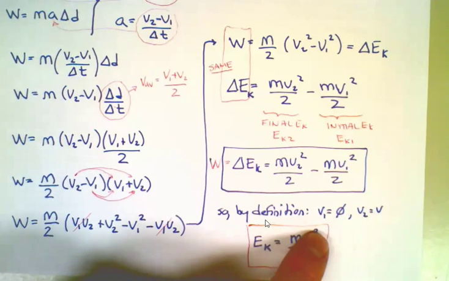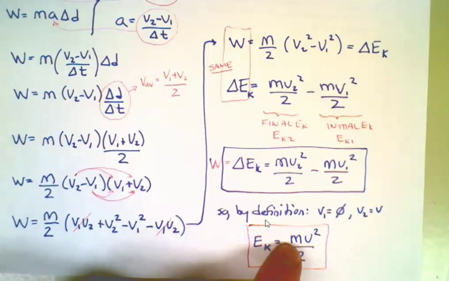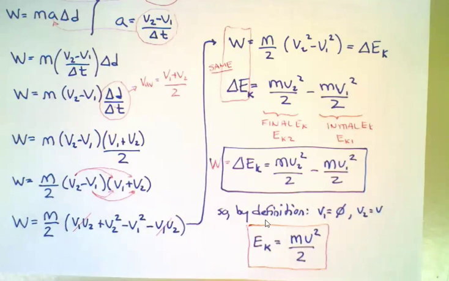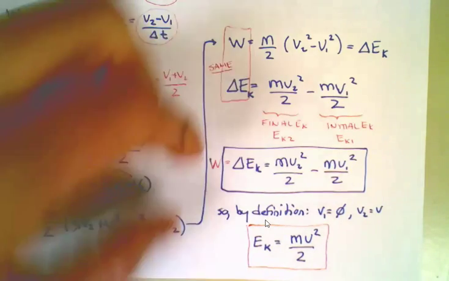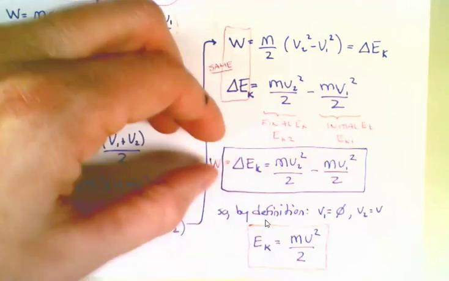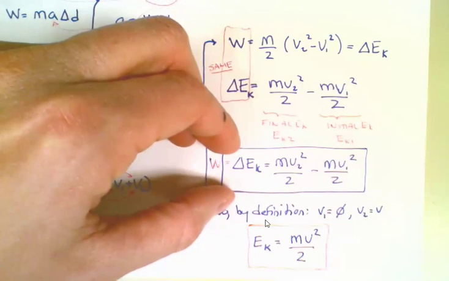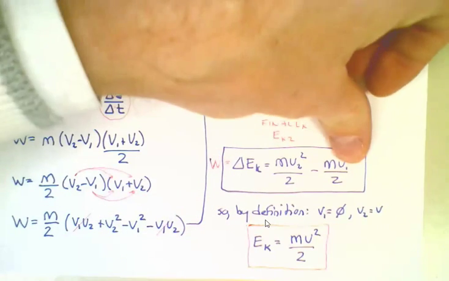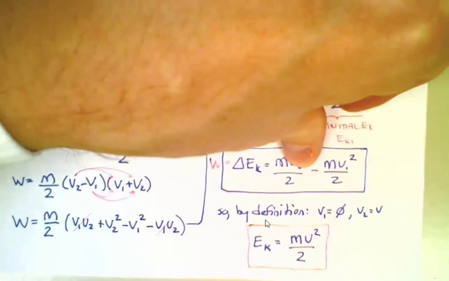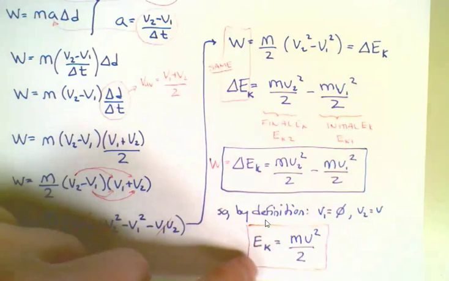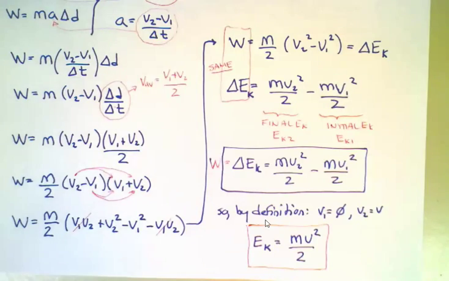Well, 20 squared is 400, times 1 is 400, divided by 2 is 200. That's it. So we've got two very important equations. The amount of work, or the change in energy required to accelerate an object from any speed to some new speed, and then the kinetic energy equation, which is just how much energy an object has at a specific speed, assuming that it was accelerated from 0.